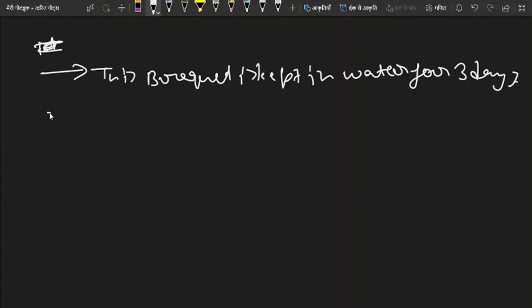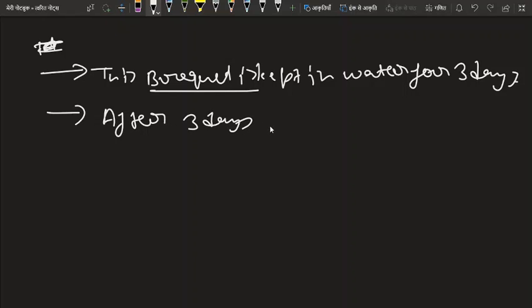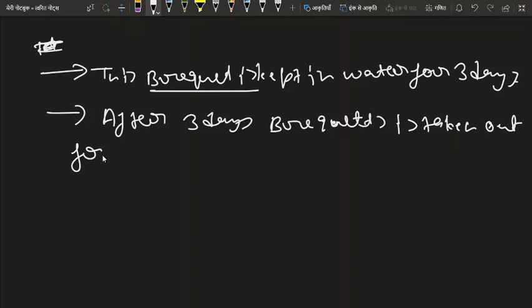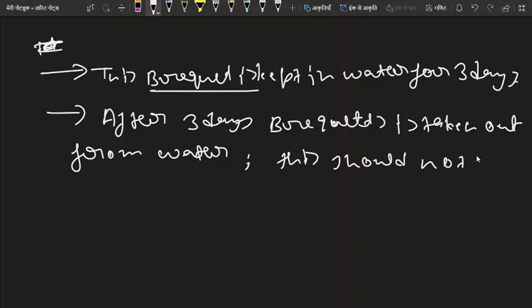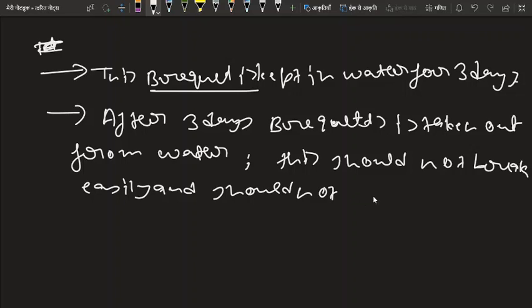After 3 days, when we take the briquette out from water, it should not break easily and should not be converted into powder form. Okay, remember this point.